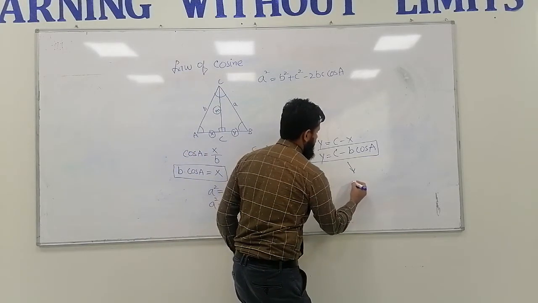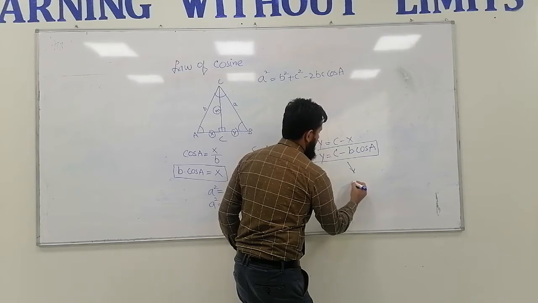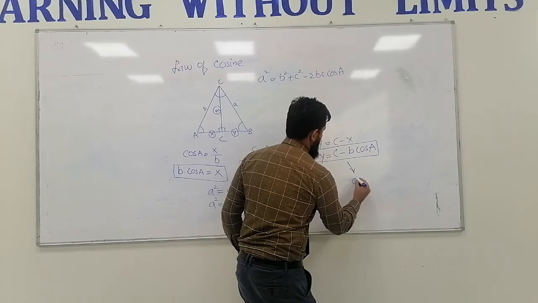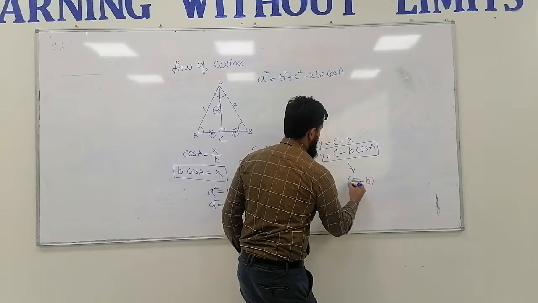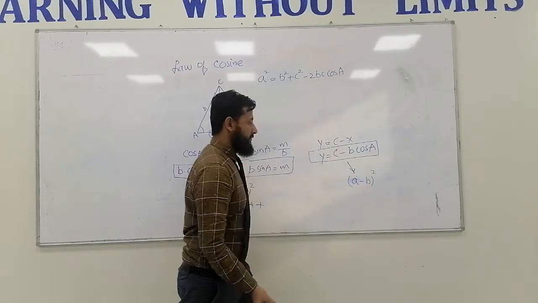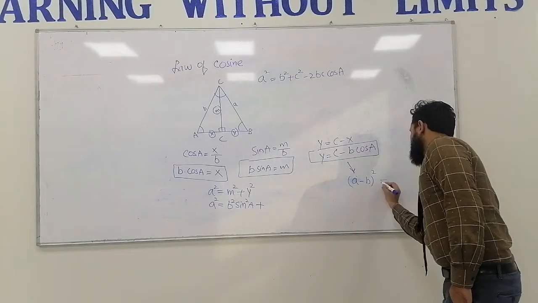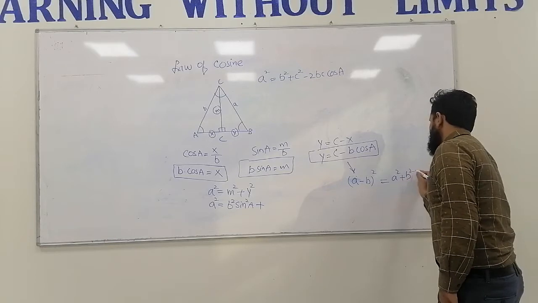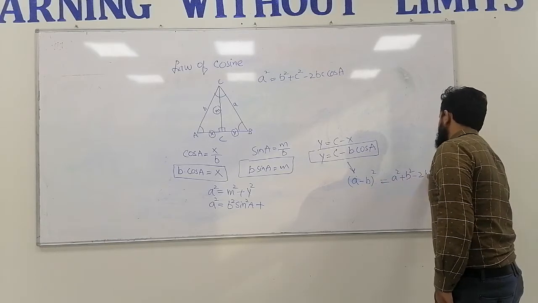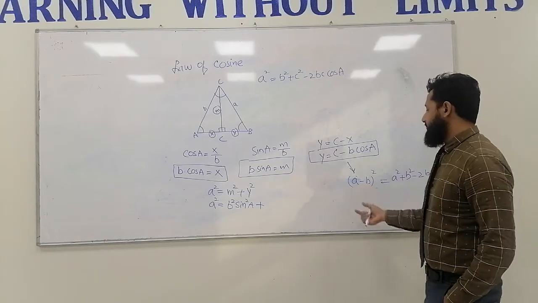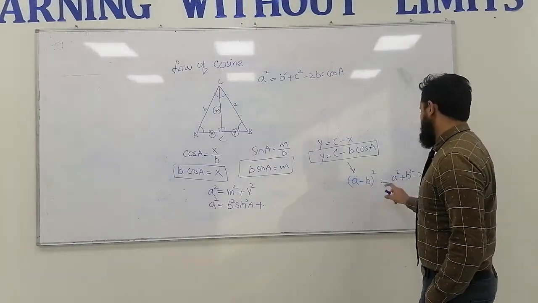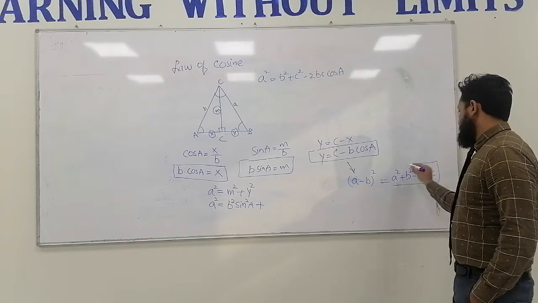This is basically of the form a minus b whole square, right? So we know how to write it. It can be written as the first term squared plus the second term squared minus 2 times the product of both terms. Whenever we have the difference of two terms and want to get the square of it, this is how we expand it.